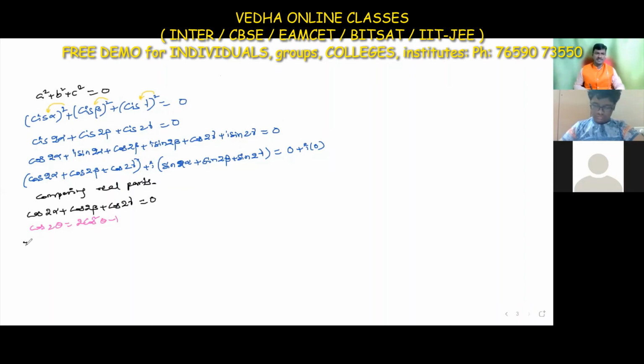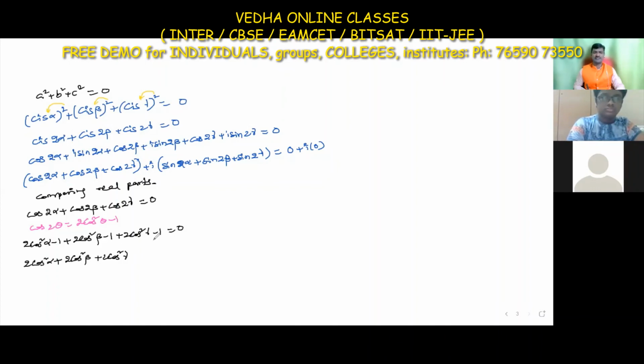So 2 cos square alpha minus 1 plus 2 cos square beta minus 1 plus 2 cos square gamma minus 1 is equal to 0. So this becomes 2 cos square alpha plus 2 cos square beta plus 2 cos square gamma minus 3.